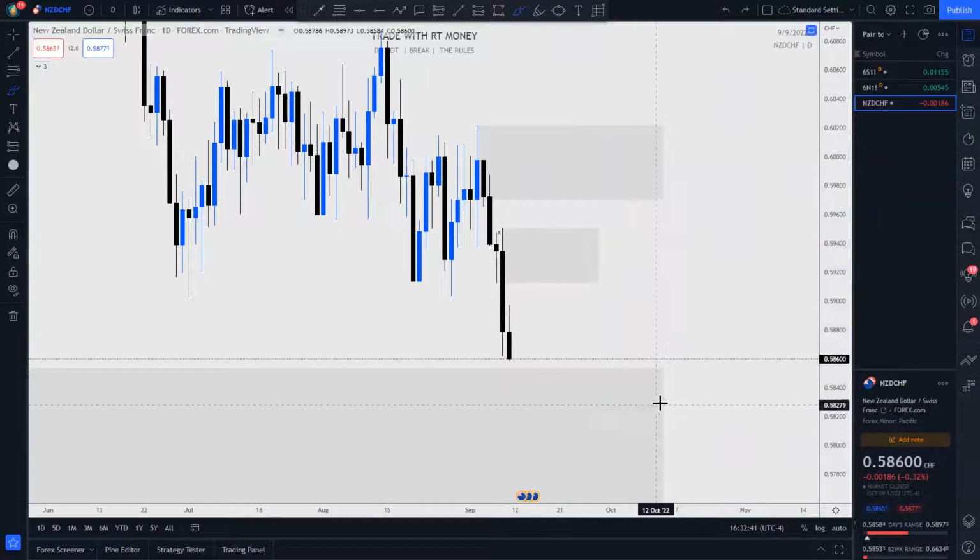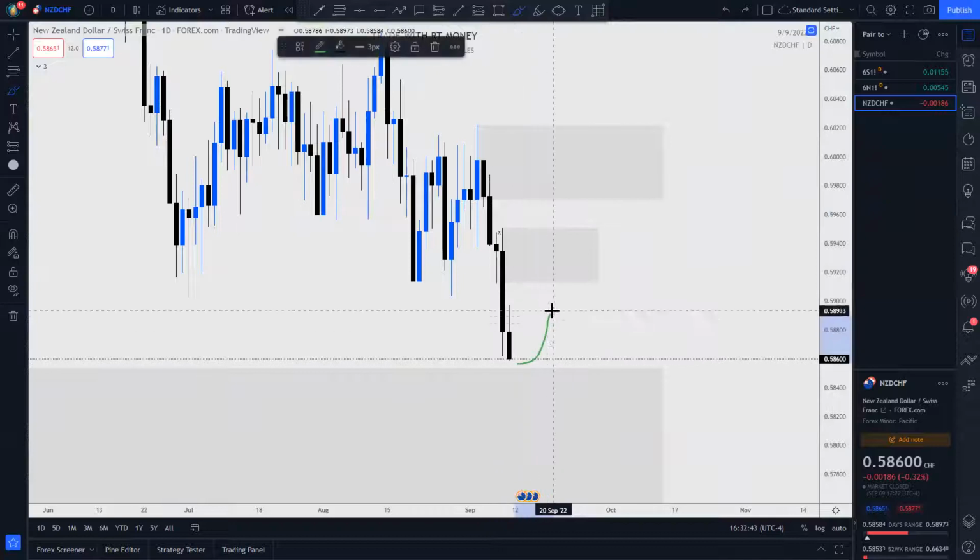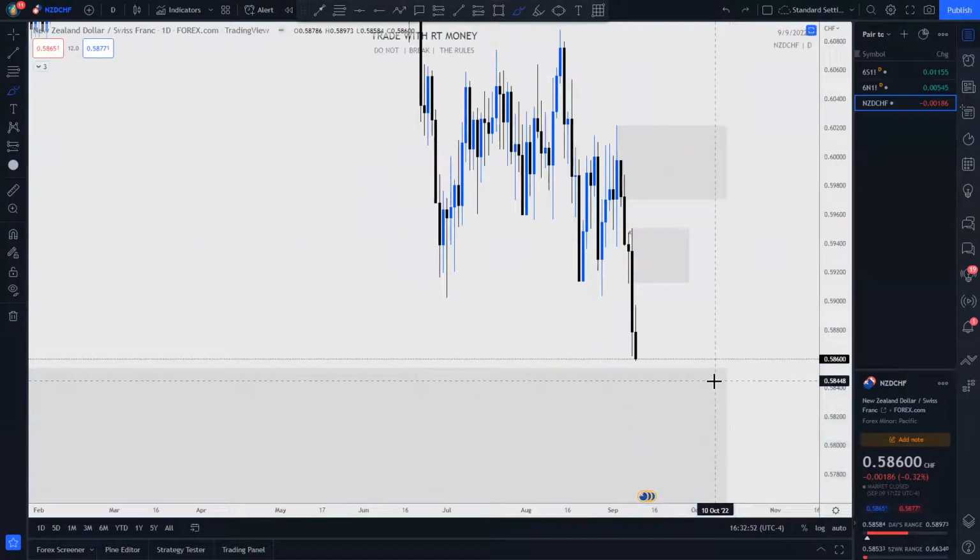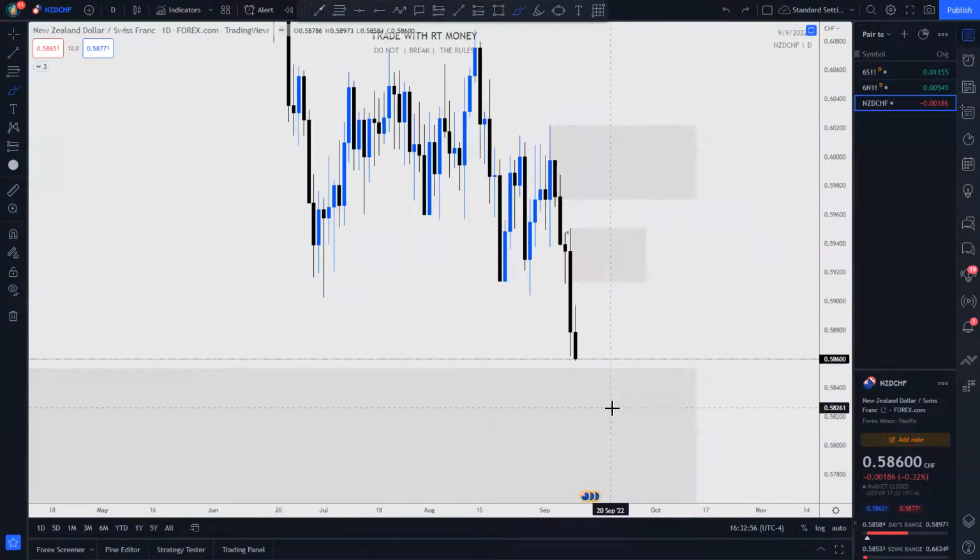But I am looking for price to open and continue bearishly on a Sunday. I'm not sure you need to wait until Tuesday for this one. But Tuesday is the CPI data for the US dollar.